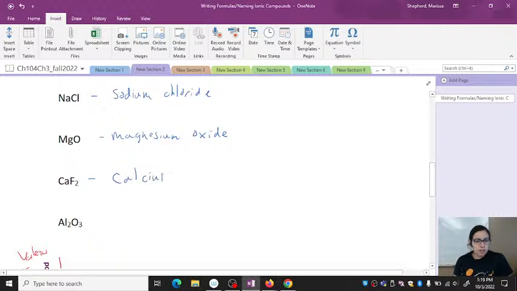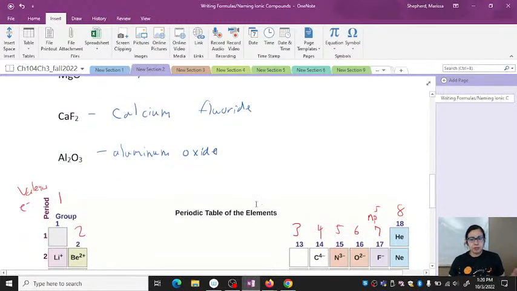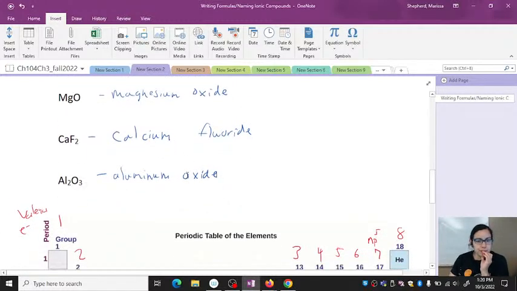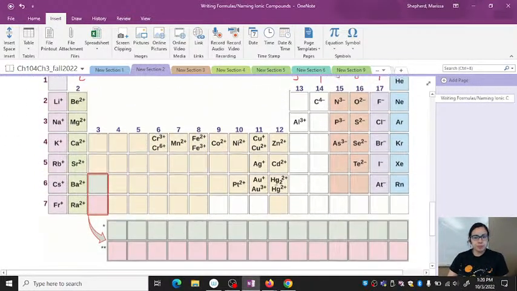Calcium fluoride. And what about this last one? Aluminum oxide. All right, so burn that into your brain. So that's fairly straightforward.